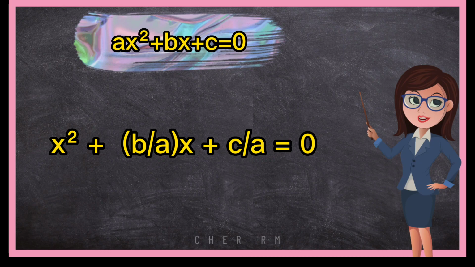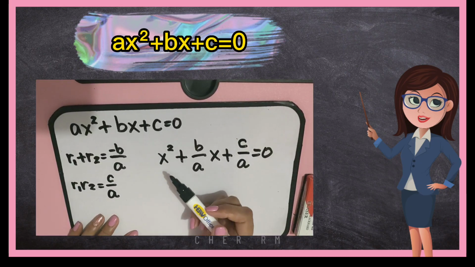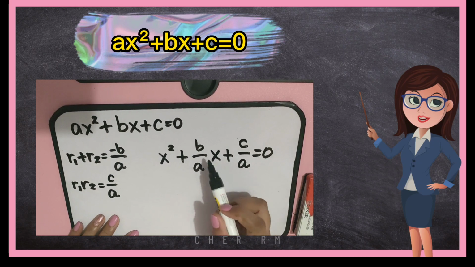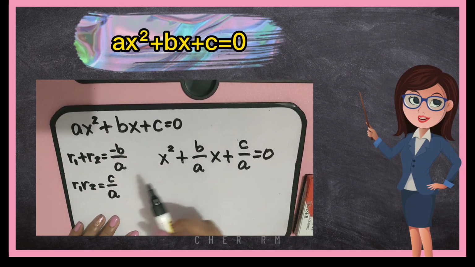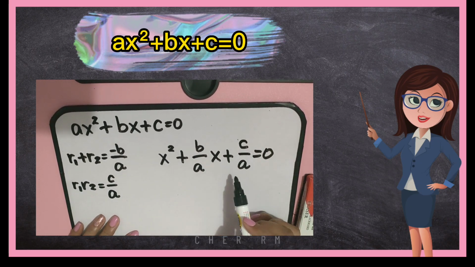Quadratic equation ax squared plus bx plus c equals 0 can also be expressed as x squared plus b over a x plus c over a equals 0. We can substitute negative r sub 1 plus r sub 2 in place of b over a, and r sub 1 times r sub 2 in place of c over a.